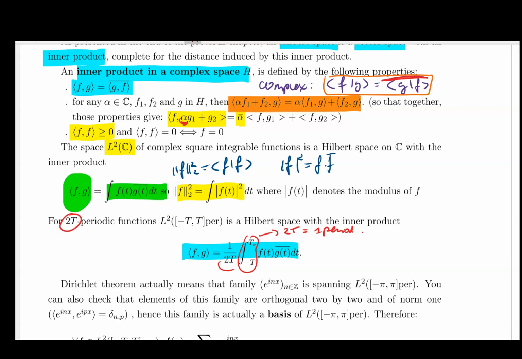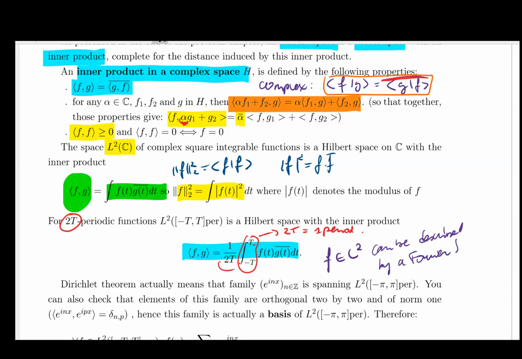Now let's try to understand what this Dirichlet theorem means. What does it say? It says that any function f in L2 can be described, except for the discontinuities, by a Fourier series.